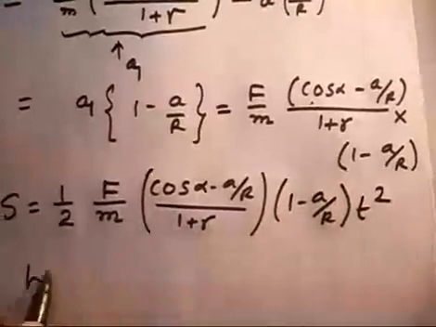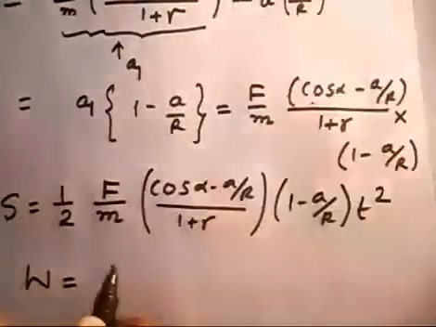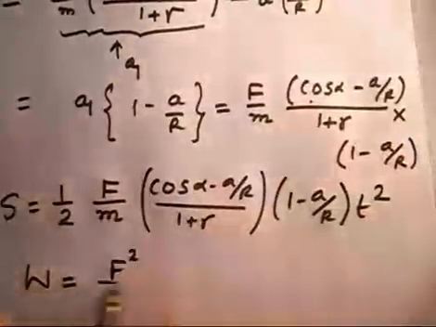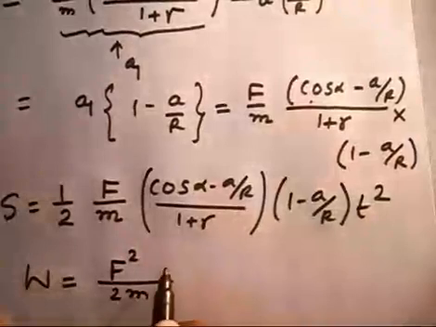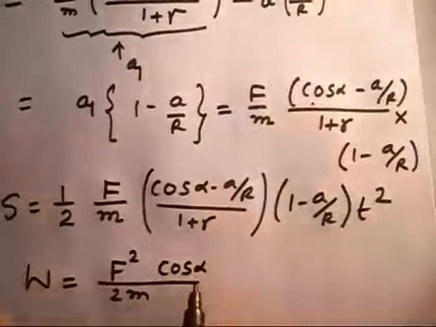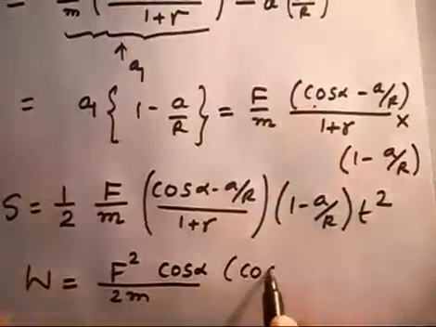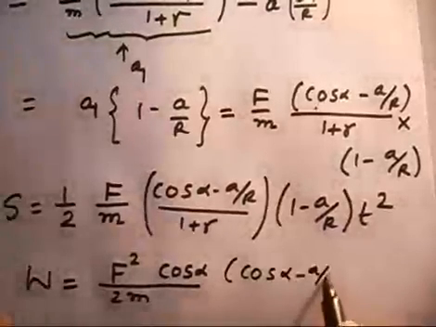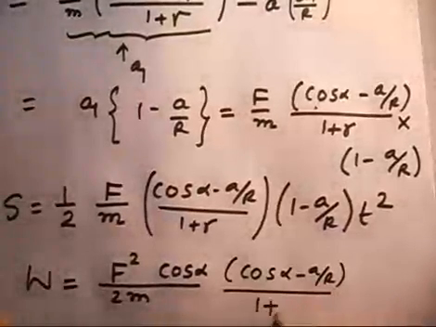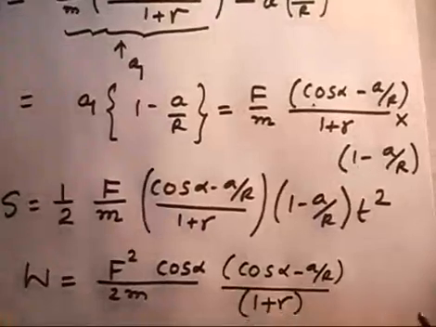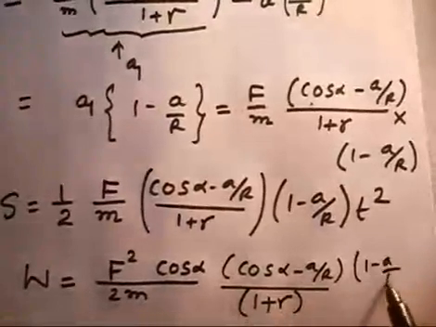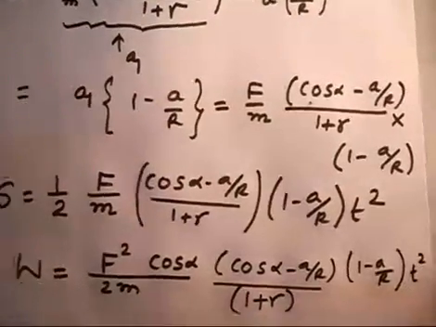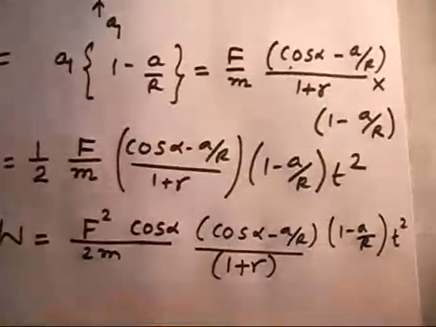So what is the work done? Work done is F cos alpha into s. So this will become F square by 2m, cos alpha into cos alpha minus a by R, over 1 plus gamma, into 1 minus a by R, into t square. Now this is simply mathematics, there is no physics involved. So this is the work done.